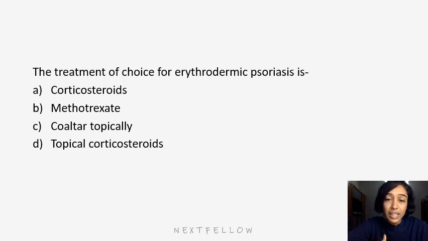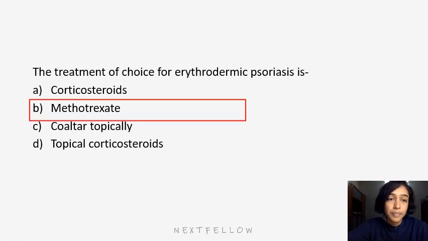So when you have more than 90% body area involvement, exposing compromised skin to coal tar may actually worsen the condition. And topical corticosteroids again will not be so effective in erythrodermic psoriasis, because such extensive body involvement would also lead to problems involving homeostasis of the body in general. So methotrexate is the best answer.